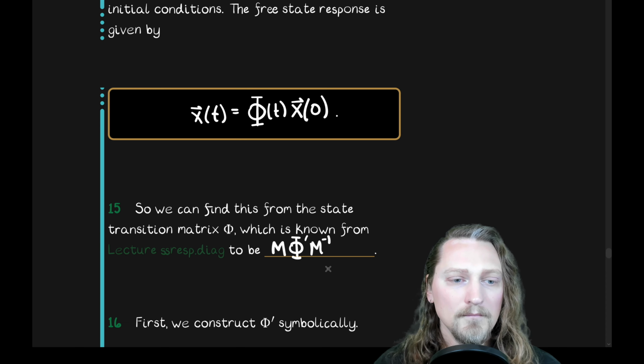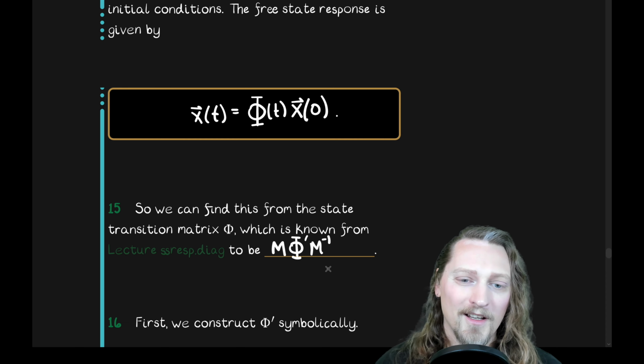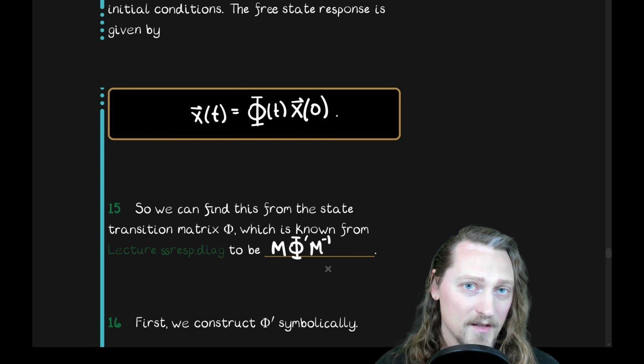So this is the computation for Phi, the state transition matrix that we need.